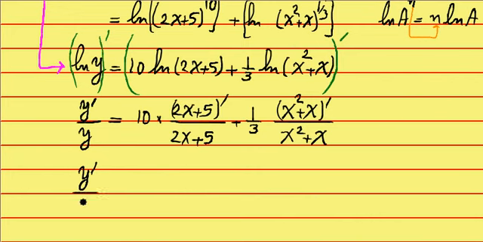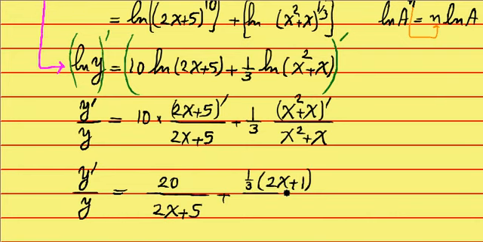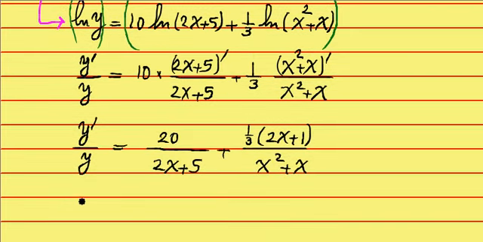y prime over y, 2x plus 5 differentiated gives me 2. 2 times 10 is 20. Here it's 1/3 of 2x plus 1, or you could leave the 1/3 up front, either way. You remember the question was what is y prime?